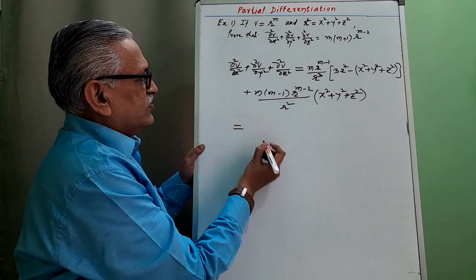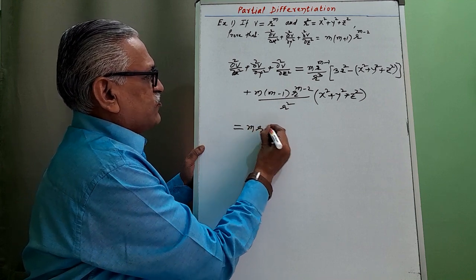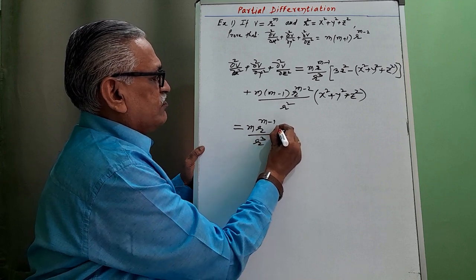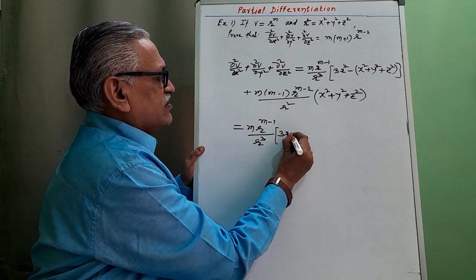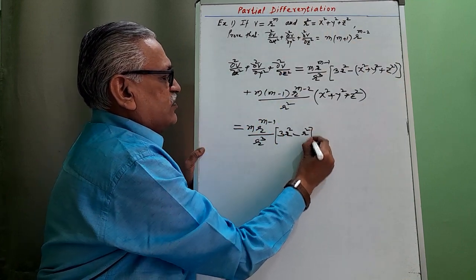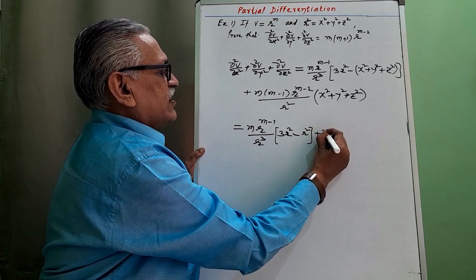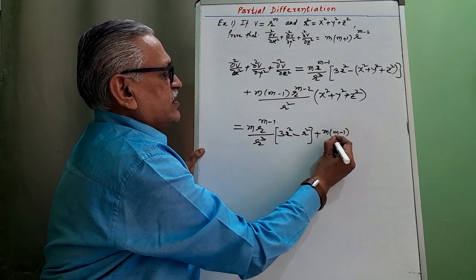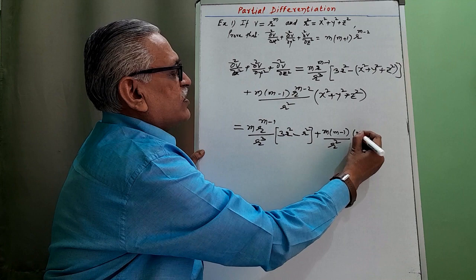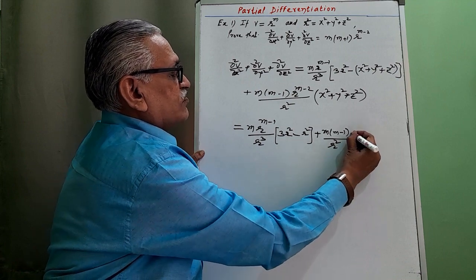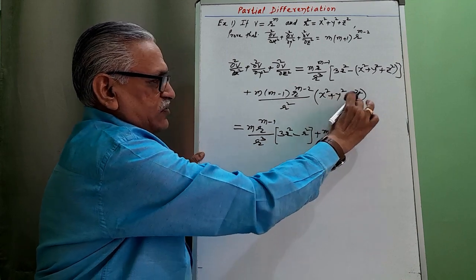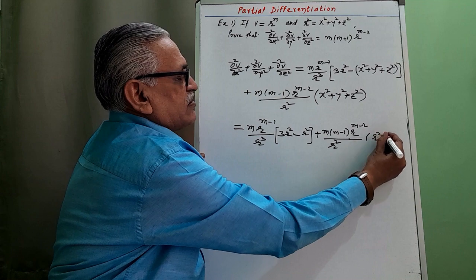This is equal to m r raised to m minus 1 divided by r cube multiplied by 3r square minus (x square plus y square plus z square), which is nothing but r square, therefore 3r square minus r square, plus (m minus 1) divided by r square into r raised to m minus 2, x square plus y square plus z square is nothing but r square.